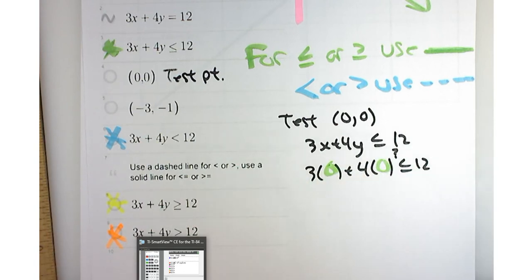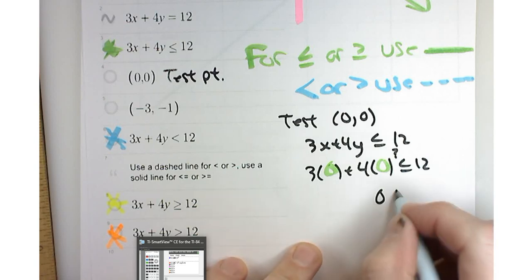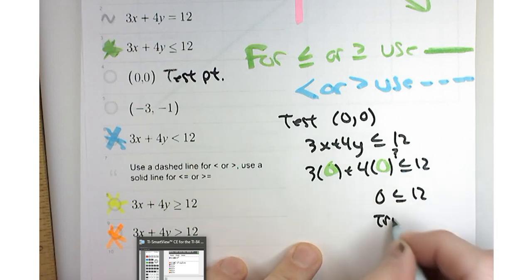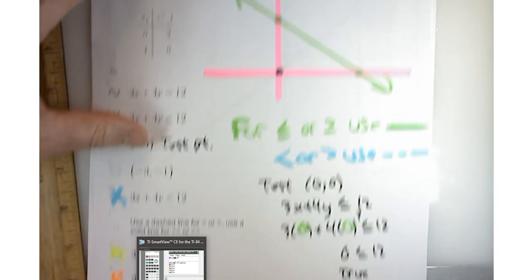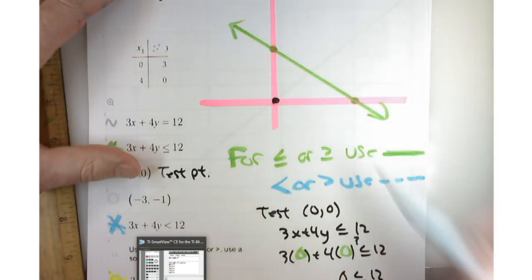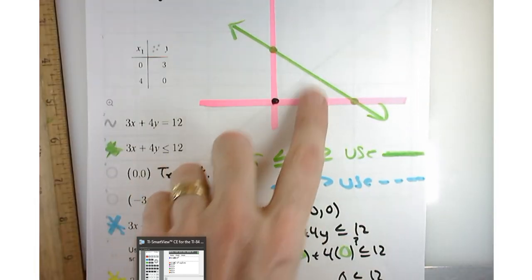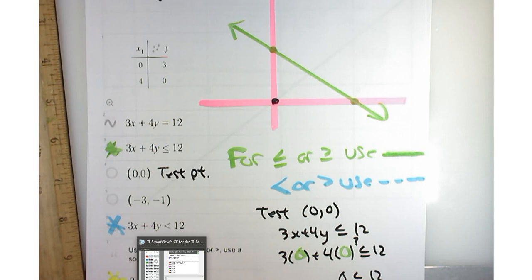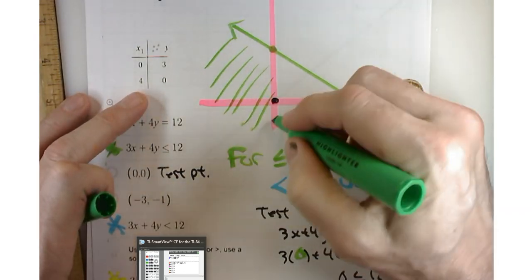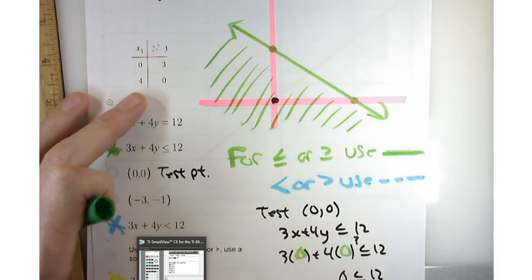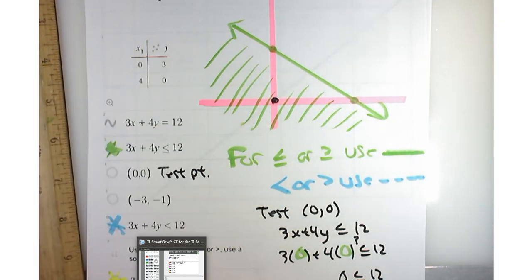You end up with 0 is less than or equal to 12. And that's true. Because it's true, not only that point, but every single point on this side of the line is going to satisfy the inequality. So that's the region that I want to shade. I want to shade everything over here. And so that would be my final solution. How do you shade? You shade the true side.